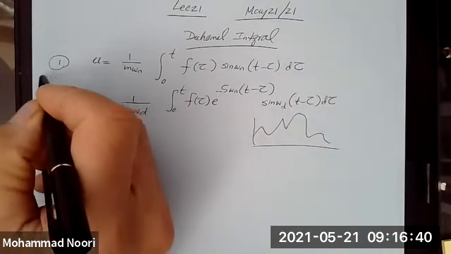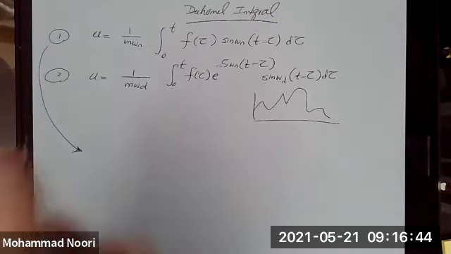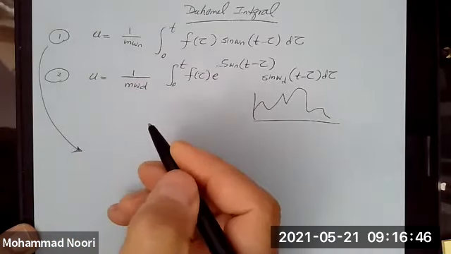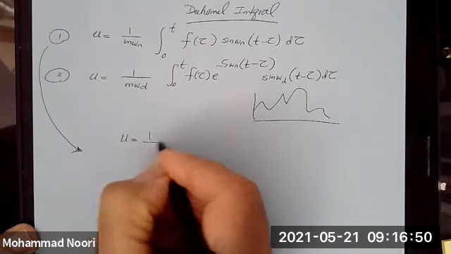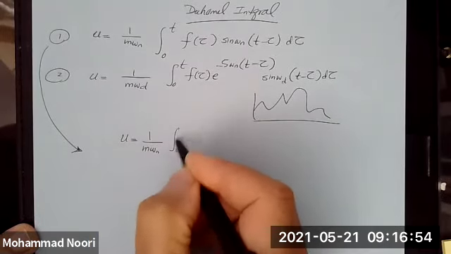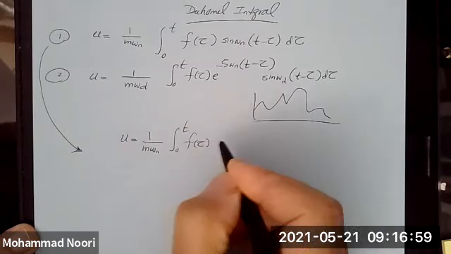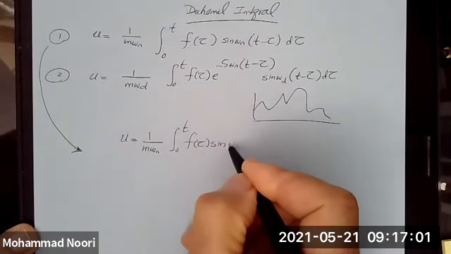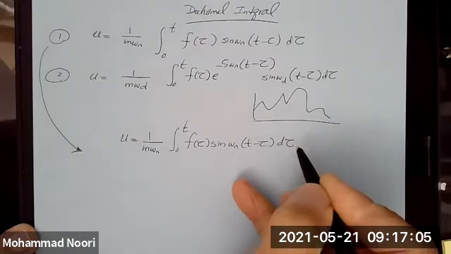So let's look at these two integrals. Let's first consider the undamped case. So you have u equals 1 over omega n, integral from 0 to t of f(tau) sine omega n (t minus tau) d tau.